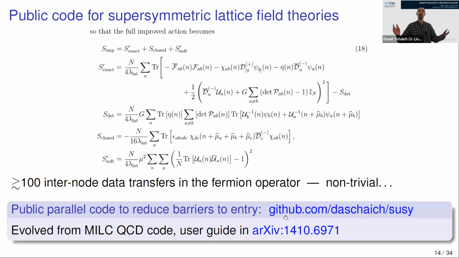So that is the full theory that we would analyze on the lattice using our rational hybrid Monte Carlo algorithm. You can see here it has a lot going on.